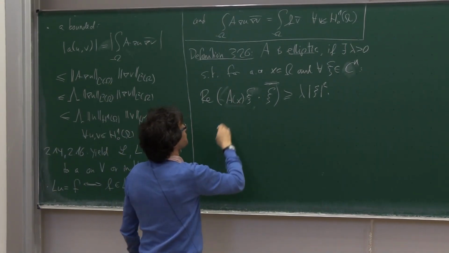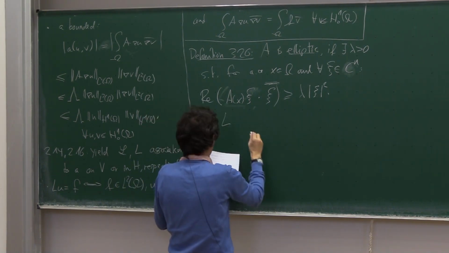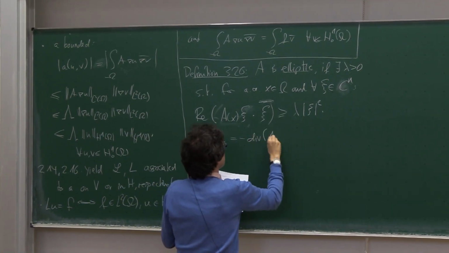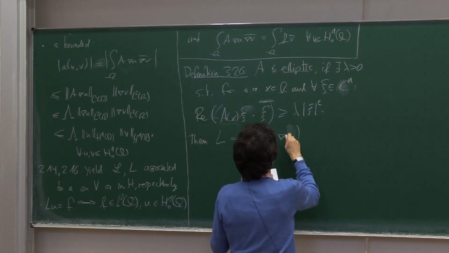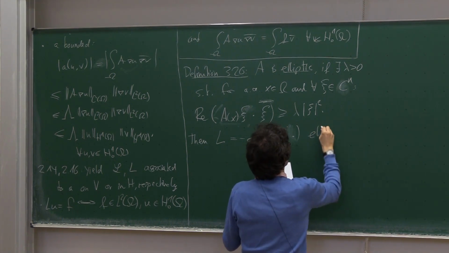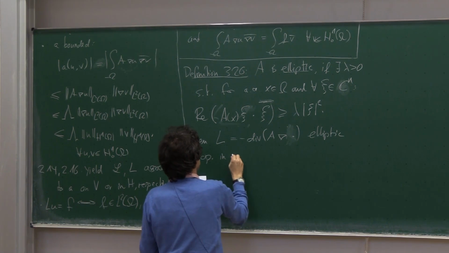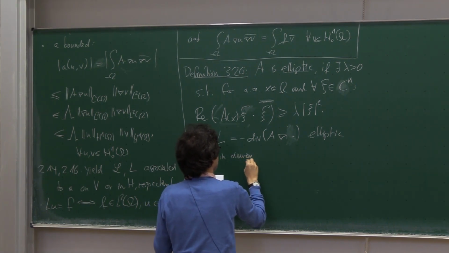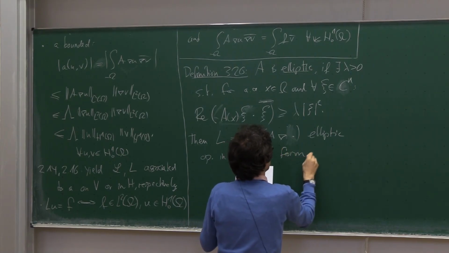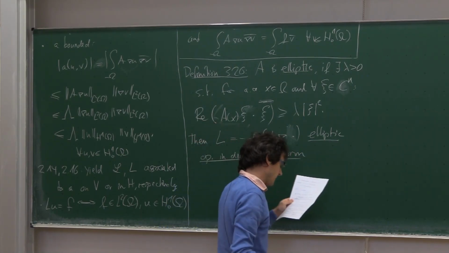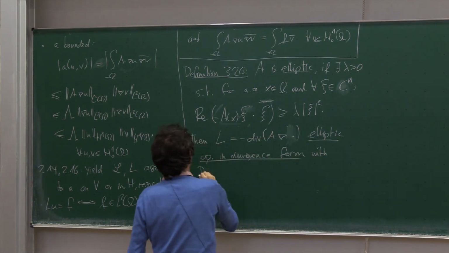But if we have such an elliptic matrix, then the corresponding differential operator L = -div A grad, with the dot being where you plug in the function, is called an elliptic operator in divergence form. So that's the guys that are referred to in the headline. And we do it here in H^1_0, so with Dirichlet boundary conditions.